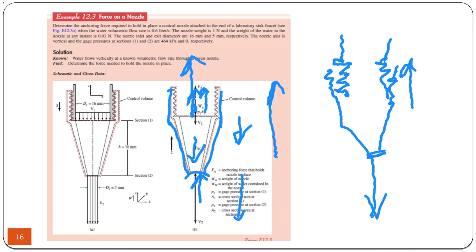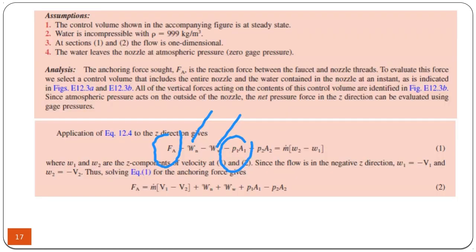This is the positive X direction, Z direction. So P is downward, whereas P times A is negative here, but here P times A is positive. So P1A1 is negative, whereas P2A2 is positive at the exit of the nozzle. Then you have the momentum flux. Momentum flux is M times W2, where W2 is the exit velocity in Z direction, minus W1.